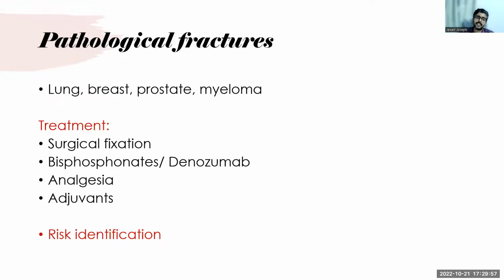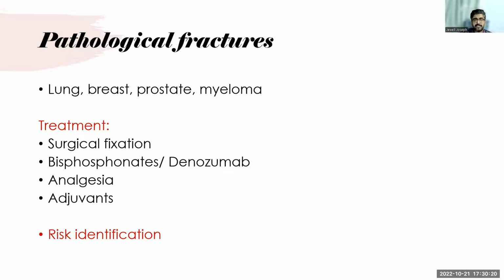Next thing, pathological fractures, again a very common thing that we deal with in palliative care. It can be due to metastatic bone lesions in lung, breast, and prostate, and primarily in multiple myeloma, where it is the initial disease itself. Treatment is again surgical fixation, the most obvious thing.